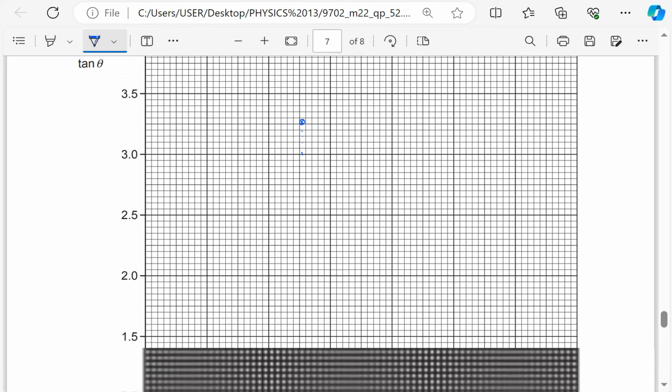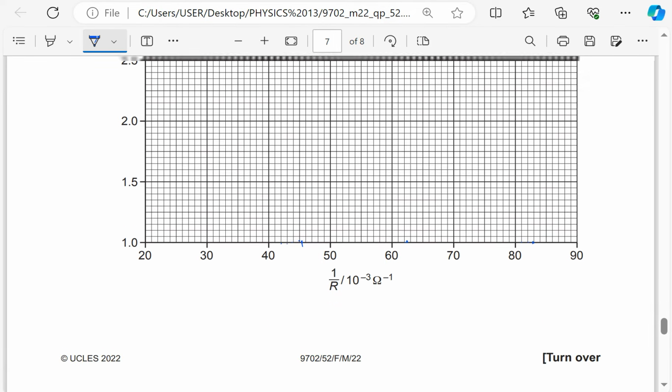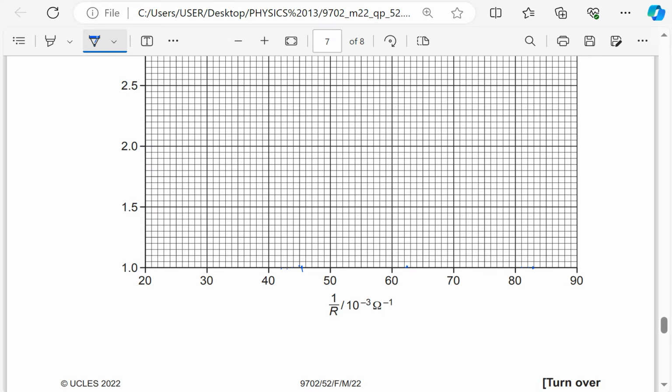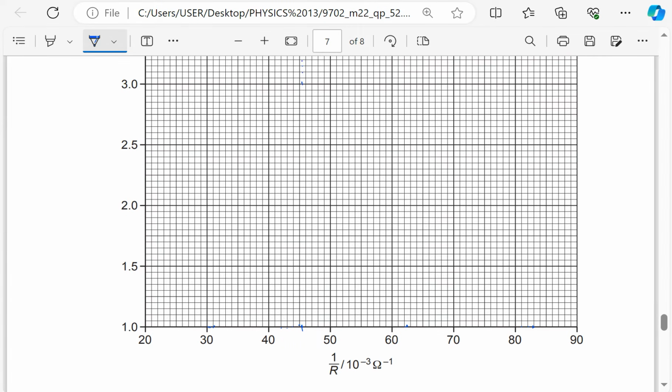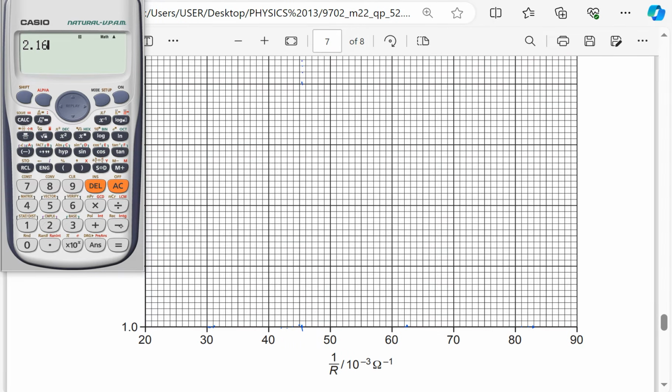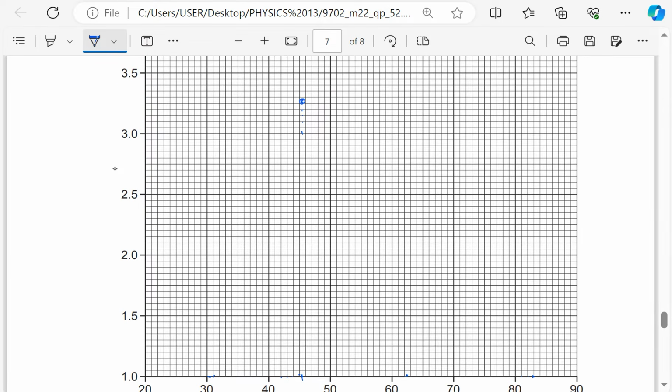Then the next one is 30.3. It is very close to 30, but it's against 2.16. I'll check the scale: 2.16 minus 2 divided by 0.05. I'll add 3 squares on 2: 1, 2, 3. So it's approximately here.